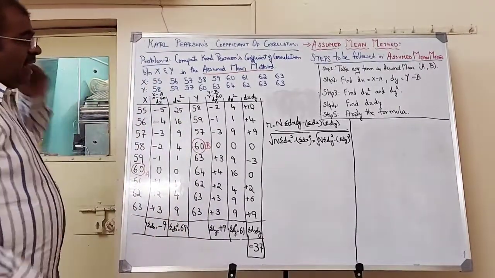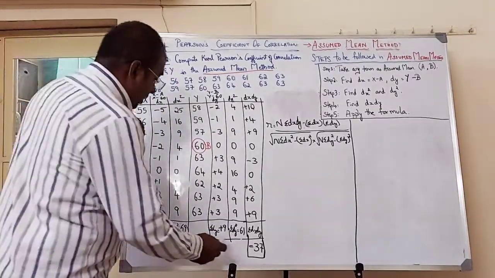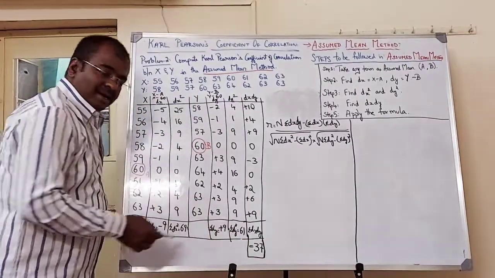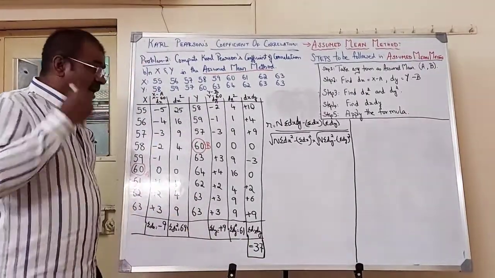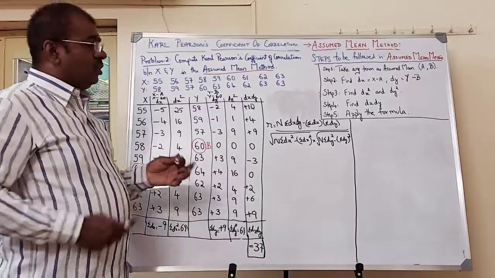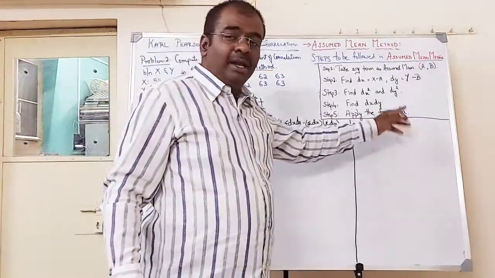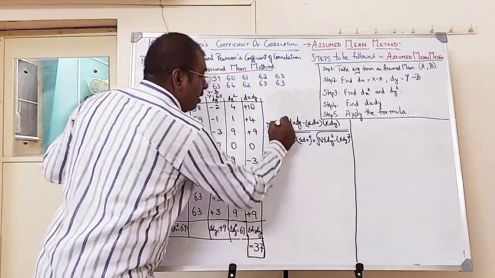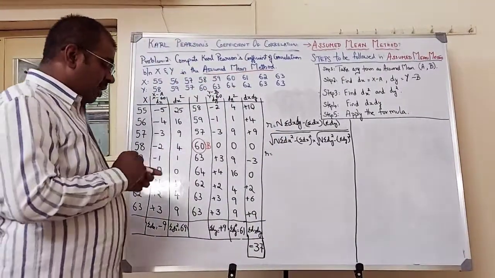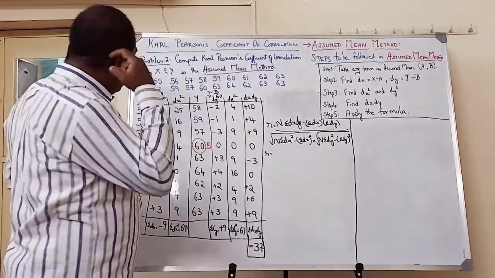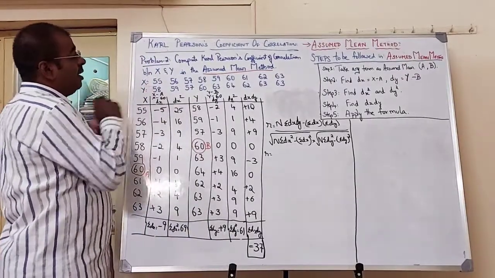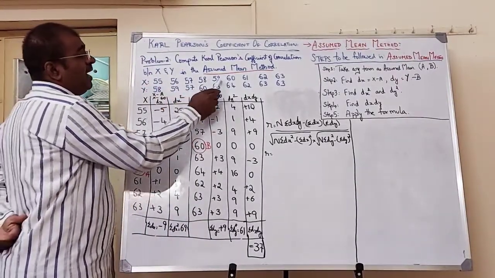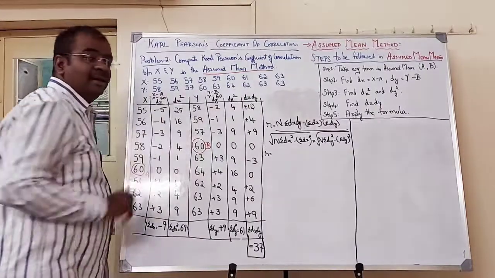Now we have all the values of dx, dy square, etc. So let us substitute those values in the formula. R is equal to the value of n, the total number of terms in the series x: 1, 2, 3, 4, 5, 6, 7, 8 and 9.